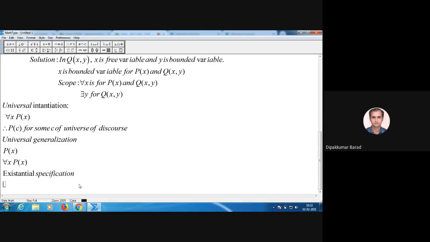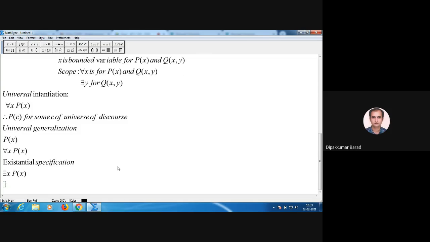Okay, so I can symbolically write here, existential specification: there exists x, P of x, for which some c I get. In the first one I get for all x, P of x, therefore P of c, and for there exists x, P of x, therefore P of c.